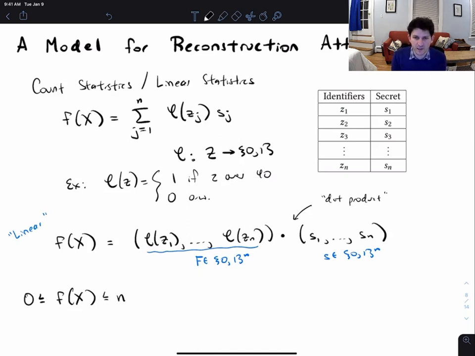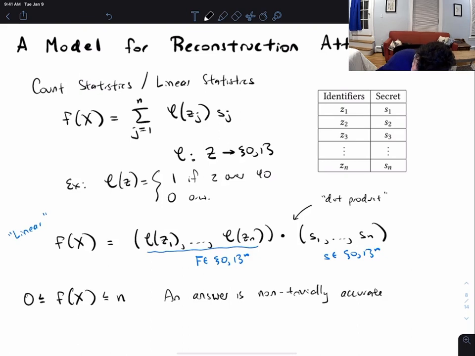But if I say that it's 0 plus or minus n over 100, that is giving you some information. So an answer is non-trivially accurate if the error is significantly smaller than n. And if the error is close to n, you're getting essentially no information.